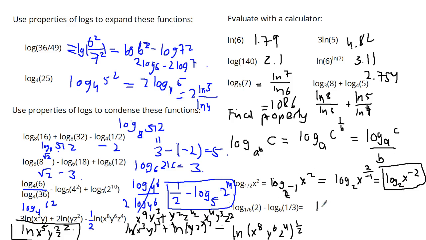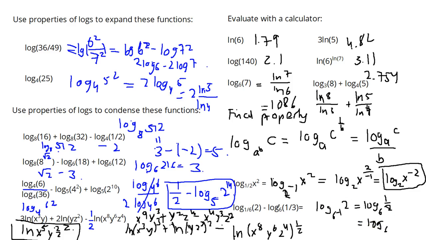Log base 1/6 of 2, same thing. Log base 6 to the minus 1 of 2, which is log base 6 of 1/2, right? Log base 6 of 1/2. And if we subtract that by log base 6 of 1/3, I think I made a mistake again. I made a mistake yet again.